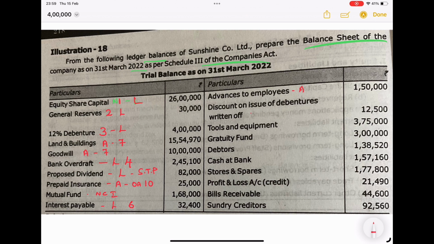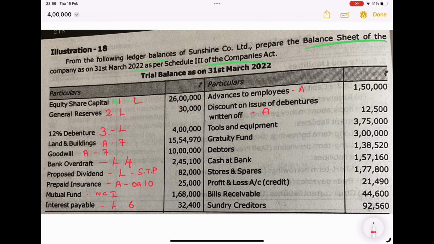Discount on issue of debentures written off. Here, certain things like preliminary expenses written off and discount on issue of debentures especially, if these statements are given, will be shown on the asset side.